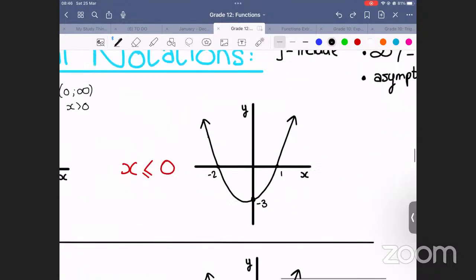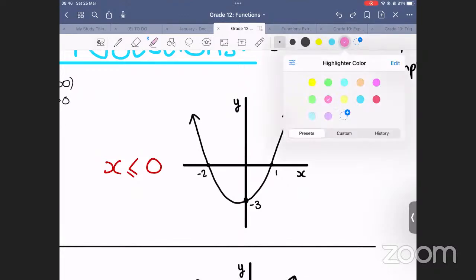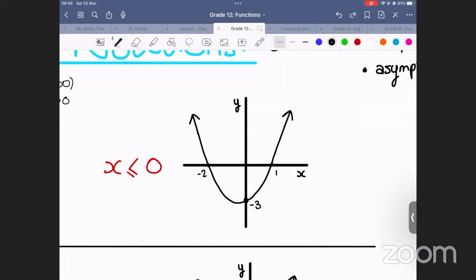Okay, let's talk about x being less than or equal to 0. So x being less than or equal to 0, I need to identify the part of the graph that is to the left of the y-axis. And that part of the graph is this part here.